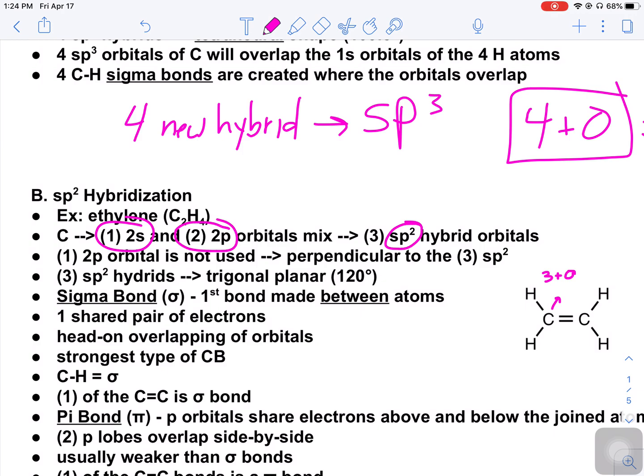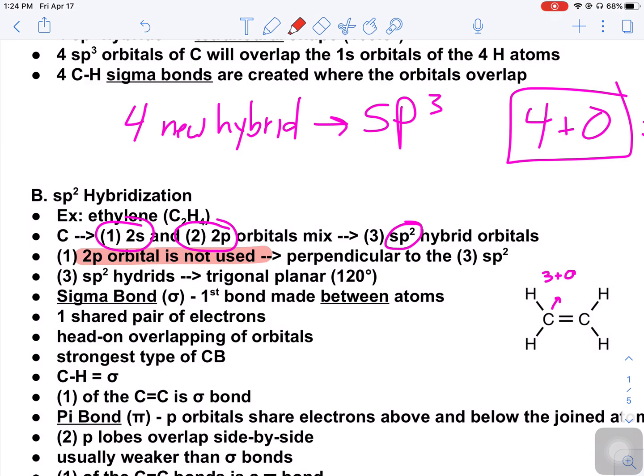Now, one of those p orbitals is not going to get hybridized. So we have 3 orbitals that are hybridized, one of the s's and 2 of the p's, but one of those outermost p orbitals is not used, okay? So not all orbitals are hybridized, okay?